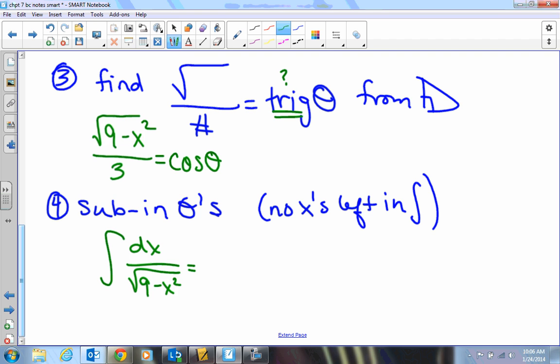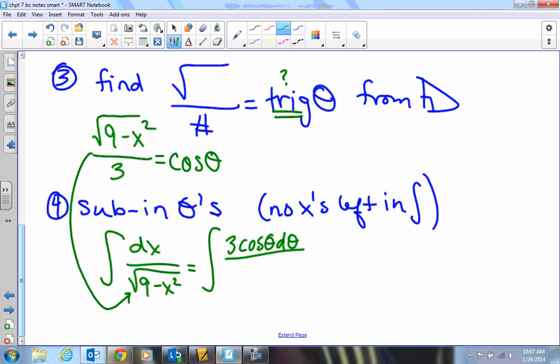So, dx, looking back at what we have, do we have dx equals something with all thetas? We did. That was 3 cosine theta d theta. What about this guy? Do I have anywhere what that would equal? Yeah, that's what we used here.